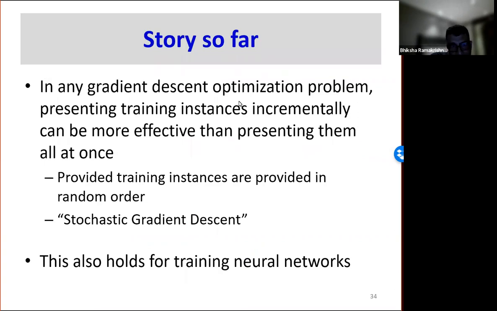So the story so far: in any gradient descent optimization problem, presenting training instances incrementally can be more effective than presenting them all at once, provided the training instances are in random order. This is what is called stochastic gradient descent. And this is for any gradient descent optimization for any function, and holds obviously for training neural networks.